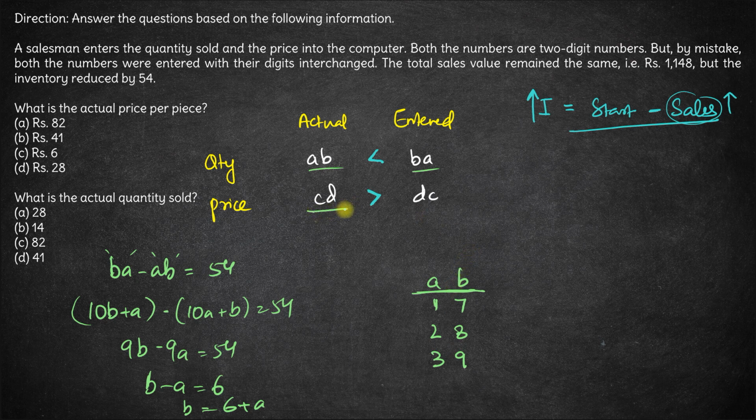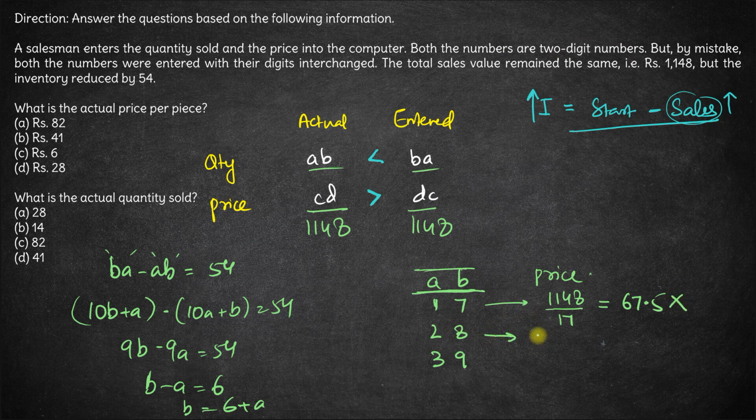And the total sales we know is 1148 in both these cases. So if this is the quantity sold, what would be the price? In the first case, the price will be 1148 divided by 17. Now 1148 divided by 17 will be 67.5 something. But it has to be a two-digit number. Both the numbers are two-digit numbers, right? So we will reject this case. If the actual quantity sold is 28, then the price will be 1148 divided by 28.